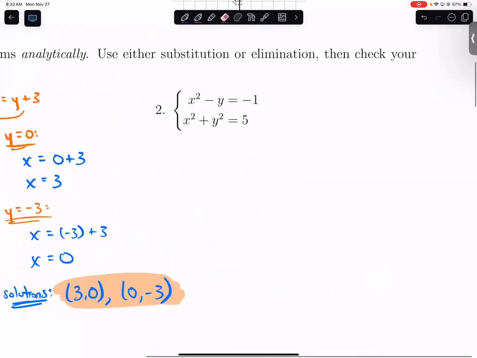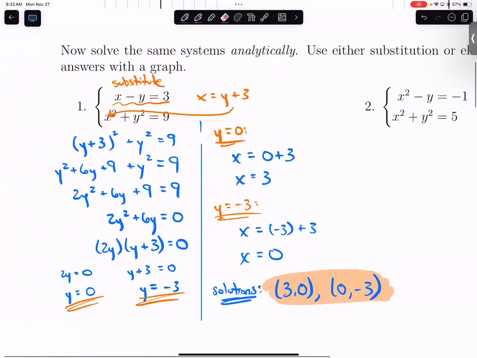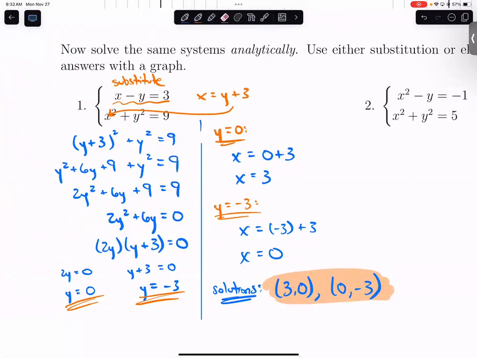If you set up a substitution, you take one of them, you solve for something, but then you plug it into the other one, right? Here I used the first equation to find this, but then I plugged it into the second one. If you plug it back into the one that you just used, everything's always going to drop out and you're going to get some kind of identity statement like 2 equals 2, because you're just using that one piece of information. You have to be combining both of them together.